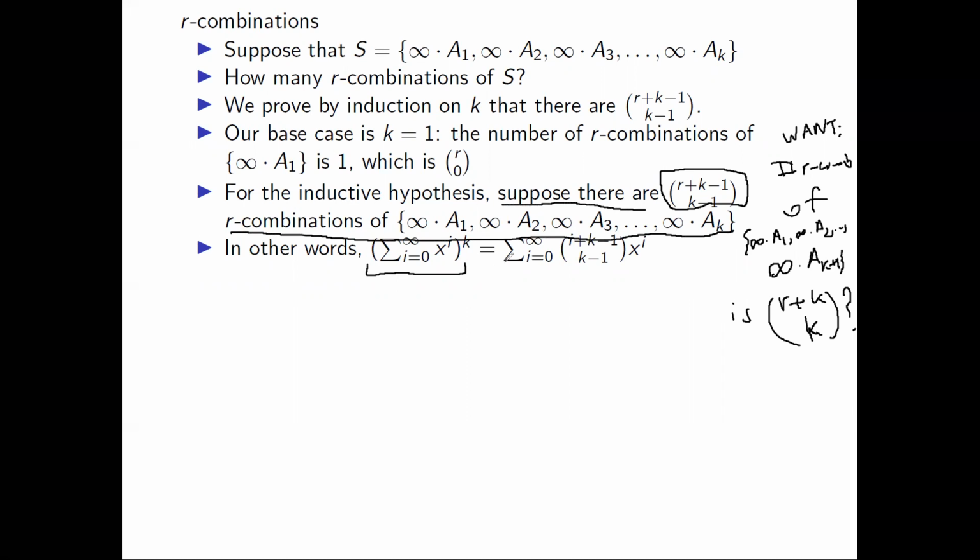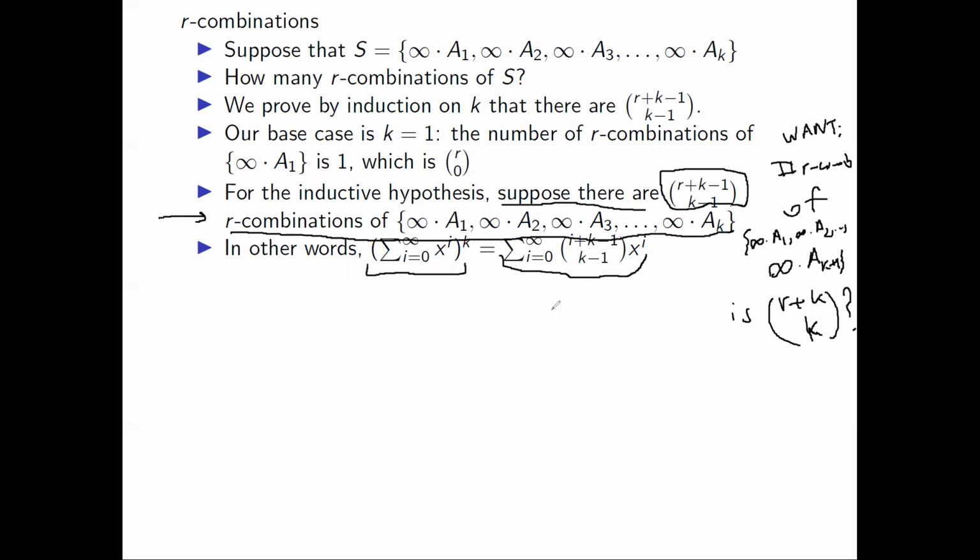Saying that the coefficient of x to the r is r plus k minus 1 choose k minus 1 for all r is just saying that the polynomial is equal to this sum, i equals 0 to infinity of i plus k minus 1 choose k minus 1 times x to the i. So that's another way to state the inductive hypothesis.